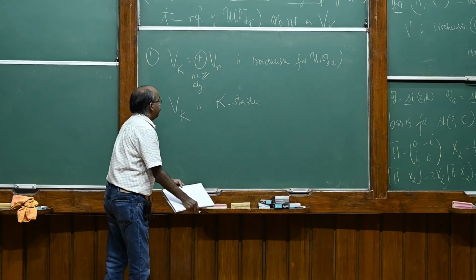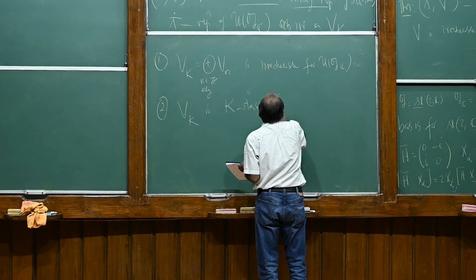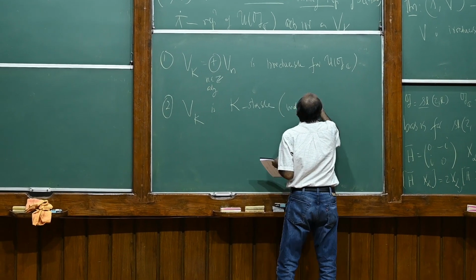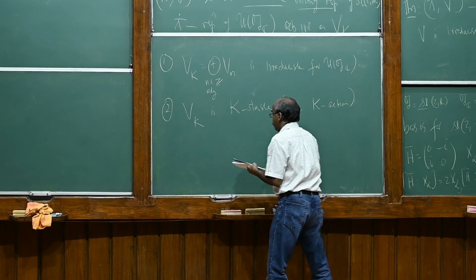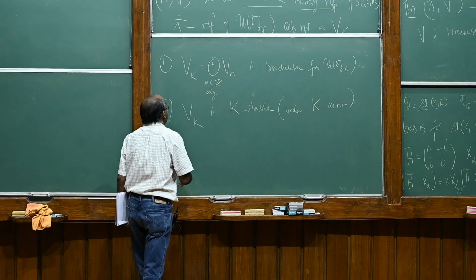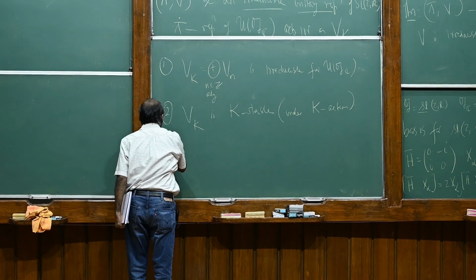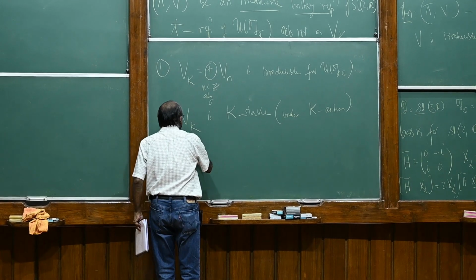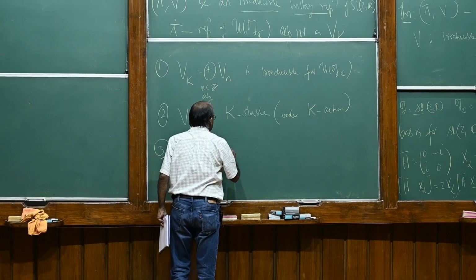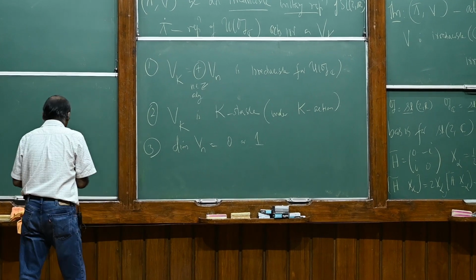So under the K action, the decomposition is exactly what is written in the first line. The dimension of Vn is 0 or 1, we proved this as well.